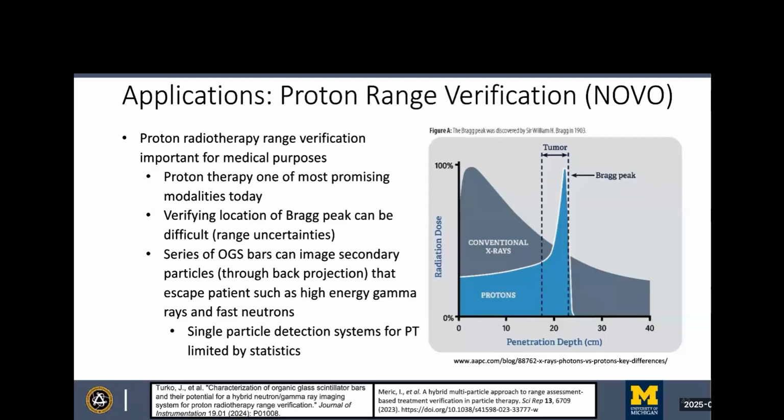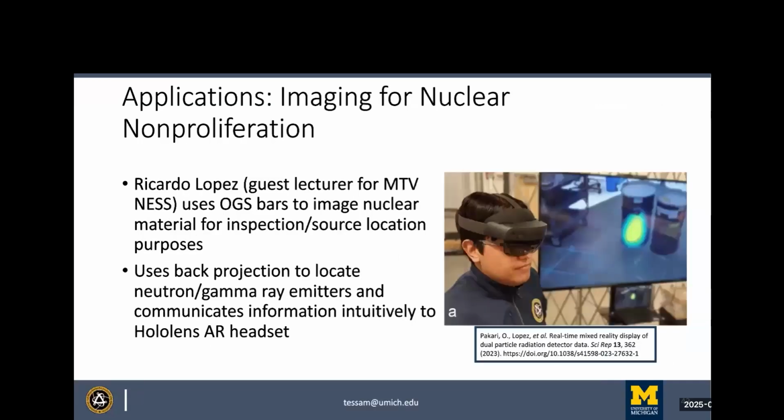However, verifying this location can be difficult with some range uncertainties, so we can use a series of OGS bars to image the secondary particles through back projection that escape the patient, such as high energy gamma rays and fast neutrons. We would need to use multiple because our single particle detection systems are unfortunately limited by poor statistics.